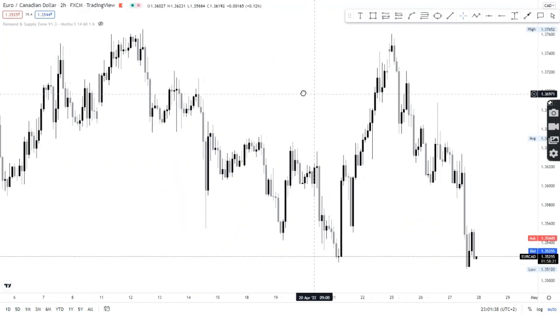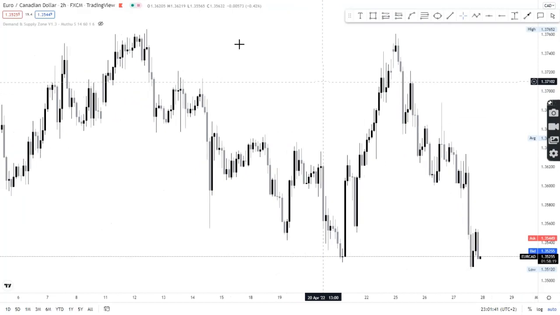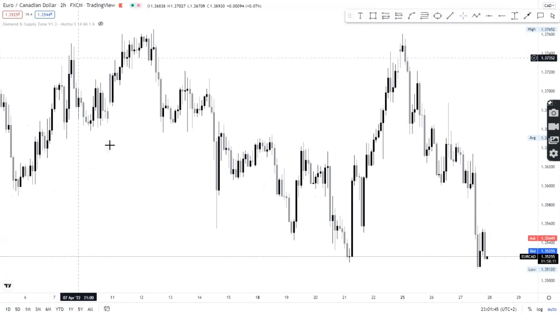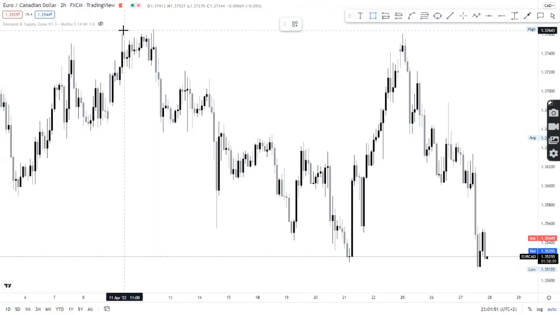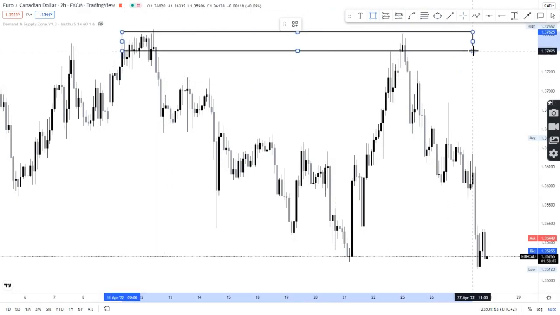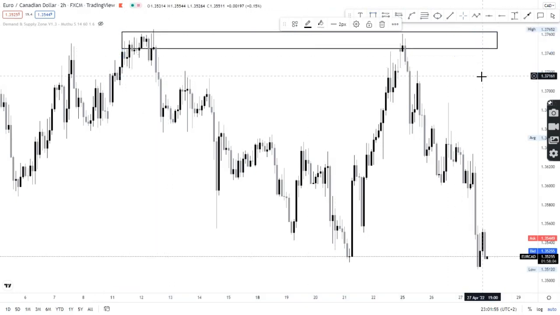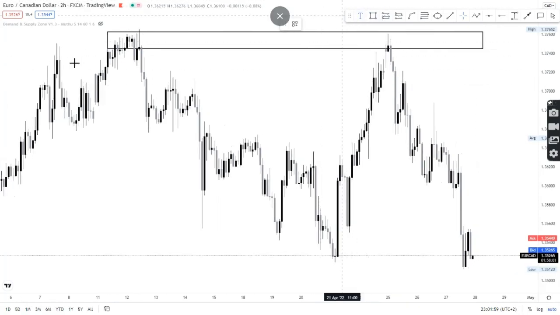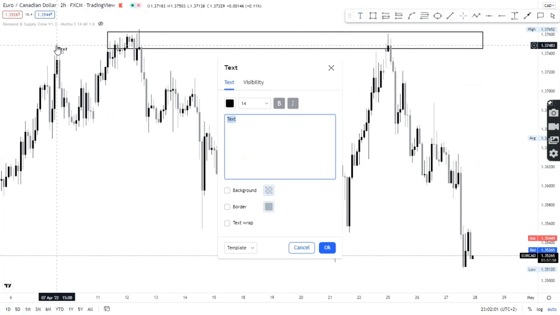So if you look at this, this is the QML low and higher high break of structure. I think I remember analyzing this setup. If you've not watched this video, go back and watch it. It's there on our YouTube. So this is our QML.